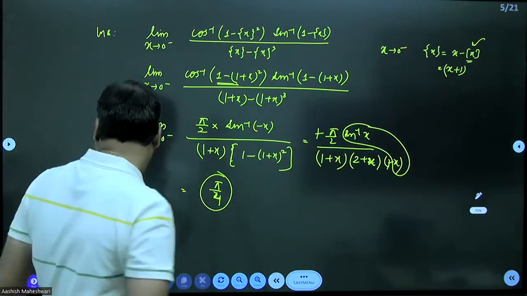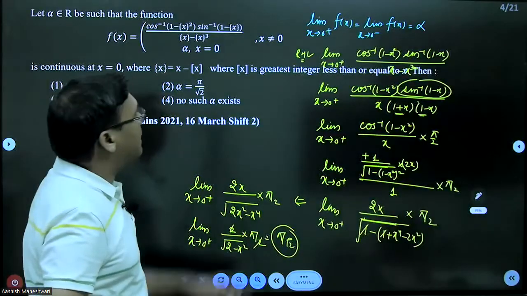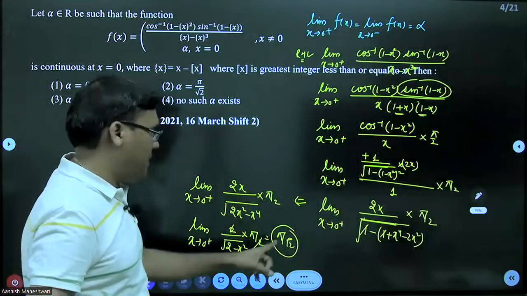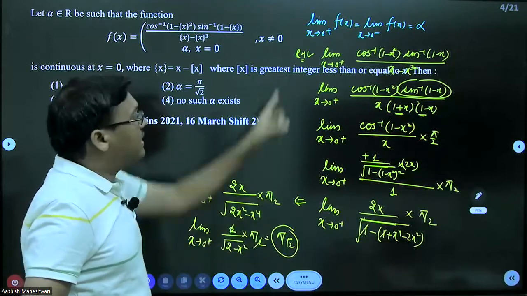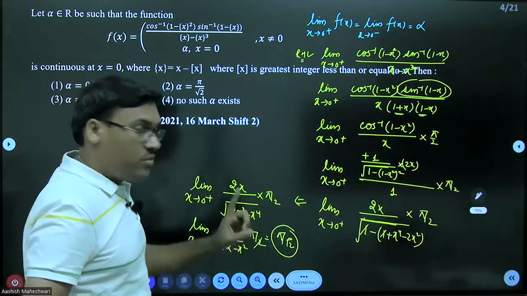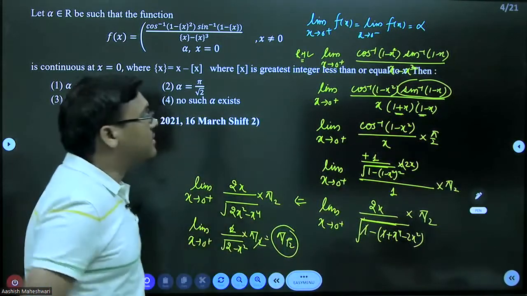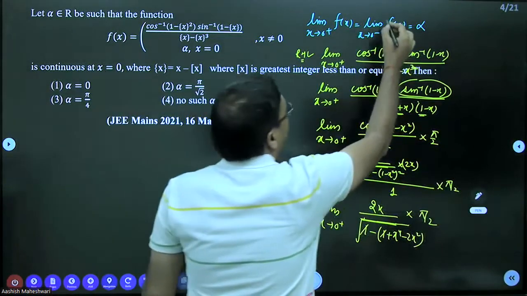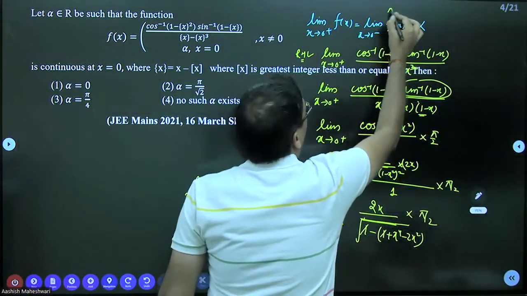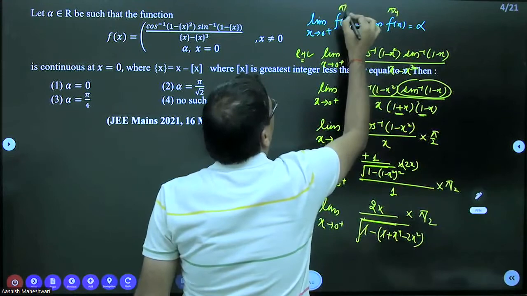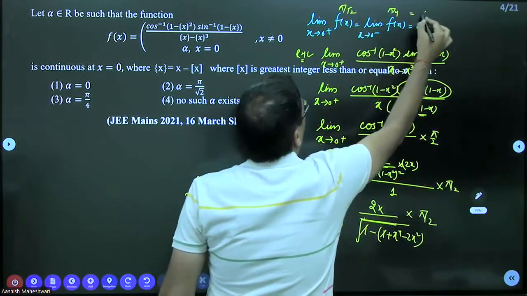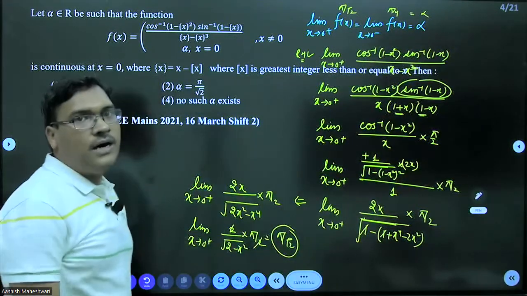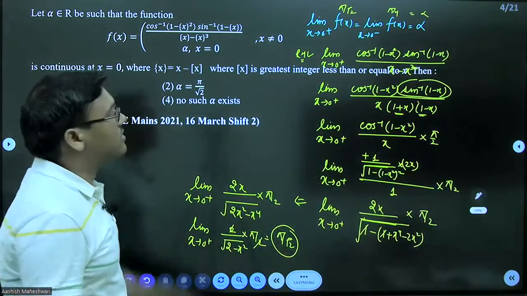Now see, in this function RHL we got pi by root 2. Right hand limit we got pi by root 2, and this value, that is LHL, we got equal to pi by 4. What is the value of alpha? I cannot define any value because they are not equal.